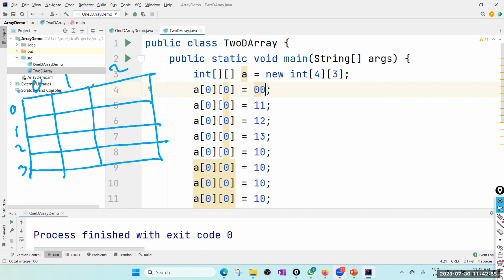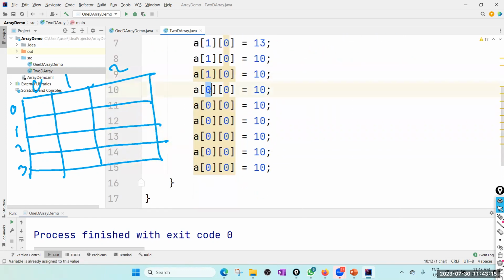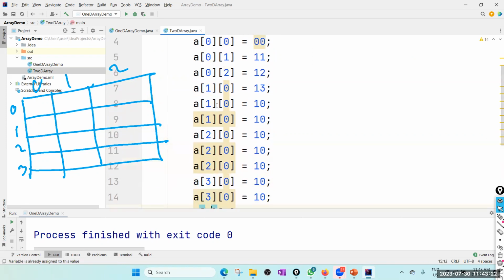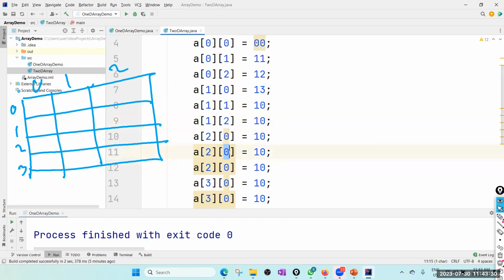So 0 0, 0 1, 0 0 0 1 0 2, 1 0 1 1, 2 2 2 3 3 3, 0 1 2 0 1 2, 1 2 1.